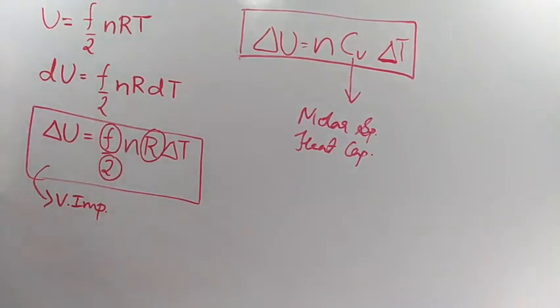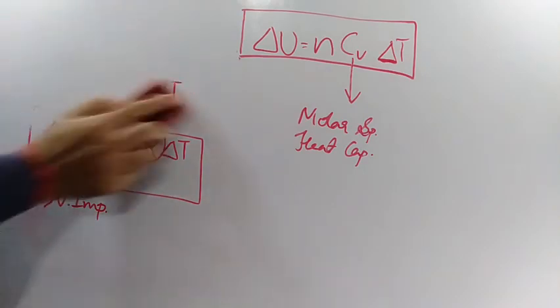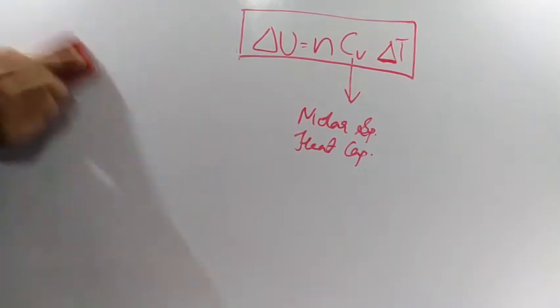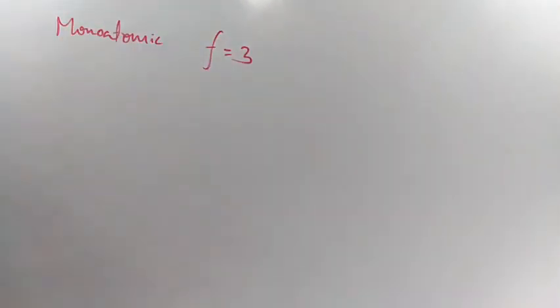So we came across linear polyatomic molecules. What is the degree of freedom for a linear polyatomic molecule? We can list all these. Monoatomic molecule, F value is 3.